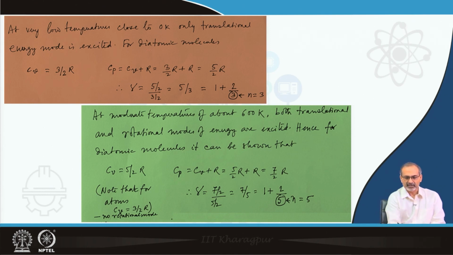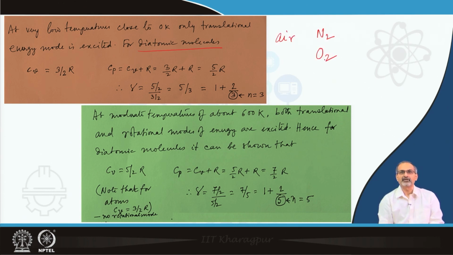And if you look at the diatomic molecules, which is of interest to us because air is mainly constituted of diatomic molecules, namely nitrogen and oxygen, the Cv of the gas is found to be 3/2 R. We can prove these values or expressions if we go to the microscopic thermodynamics. We cannot do it from the classical thermodynamics point of view. We will do it slightly later in the course.